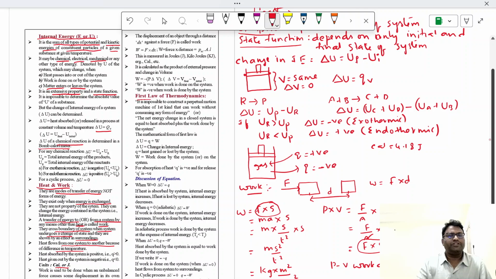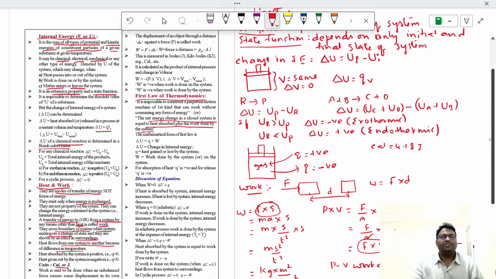Next, coming to the first law of thermodynamics. According to the first law of thermodynamics, the net energy change in a closed system is equal to heat absorbed plus work done by the system.